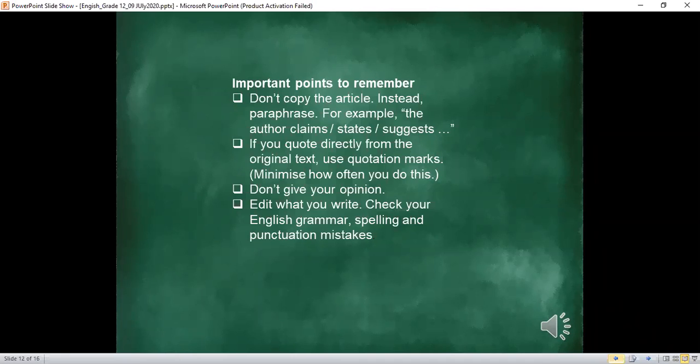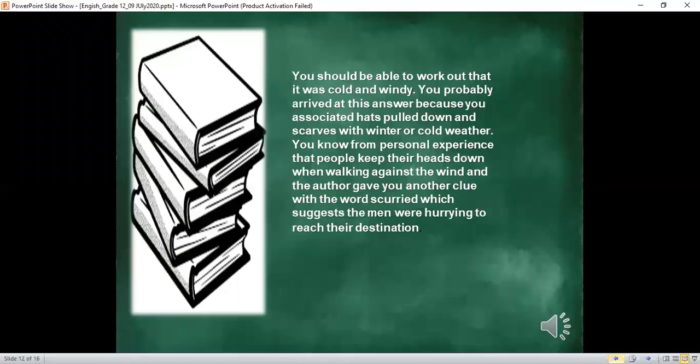Paraphrasing is rephrasing the paragraphs or the information that you are working with, in simple terms, to write in your own words what you have at your disposal. So you use your own words as far as possible. Then, like I said, when you're acknowledging the author, you can say the author claims that or states or suggests that. Then you continue.